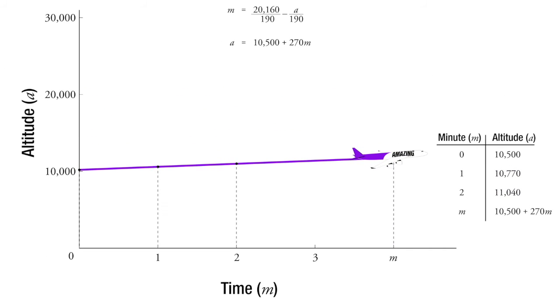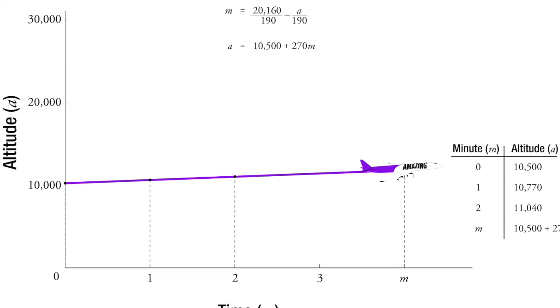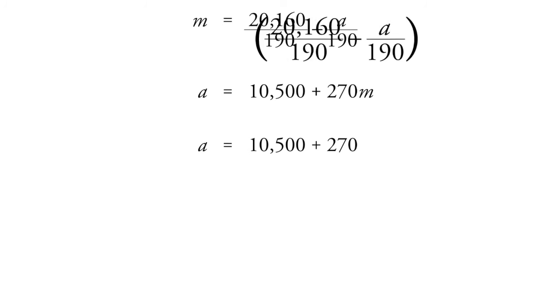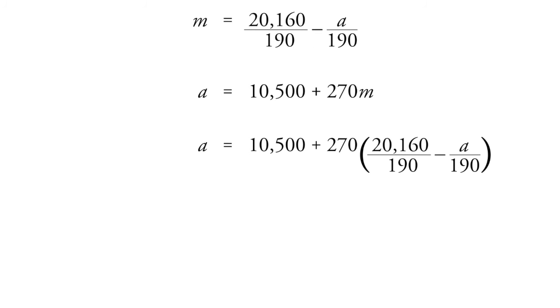But we're going to replace that m with this new value. So our new formula is a equals 10,500 plus 270 times, instead of m, 20,160 over 190 minus a over 190.